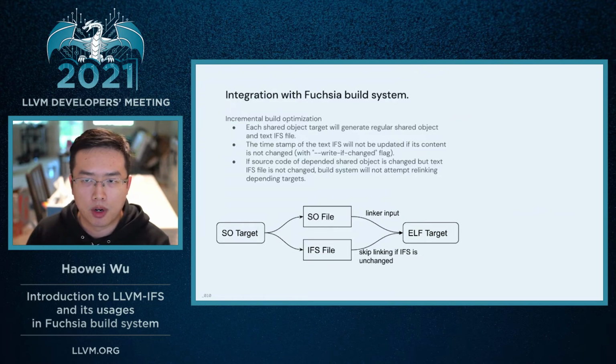The timestamp of the IFS file will not be changed if the content is not updated during the incremental build, of course, with a special if-not-changed flag. And if in a following incremental build, the implementation of the shared object is changed, but the IFS file remains the same, the binary target that depends on this shared object file will skip relinking as the link time ABI is not changed.